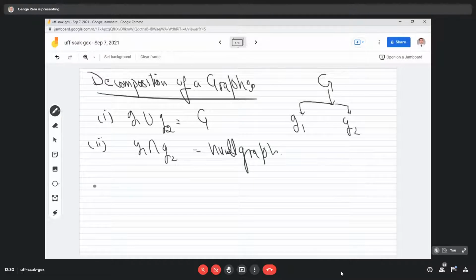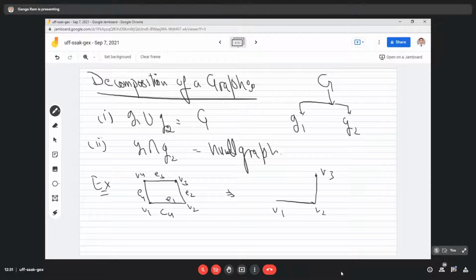For example, again, this is the C4 graph. Find two decomposed graphs. Sir, we will take one as V1 V2 V3, and the second will be V1 V4 V3.